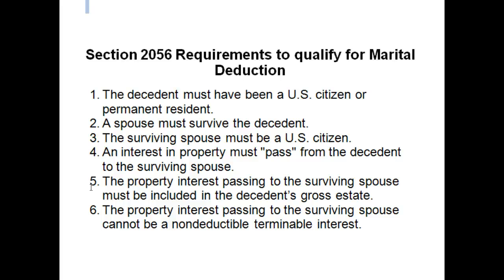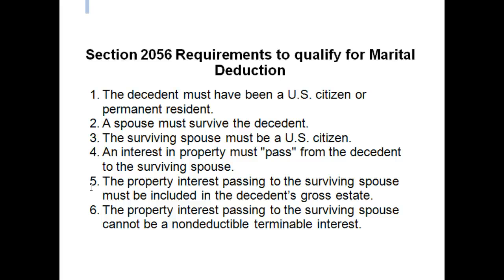deduction allowed if the value of the assets that relate to the deduction was never included in the decedent's gross estate. So if we say that the decedent, for example, made a gift to the spouse of the remainder interest, then relinquished the life estate more than 3 years before the date of death, then there's nothing that's going to get pulled back into the decedent's gross estate.